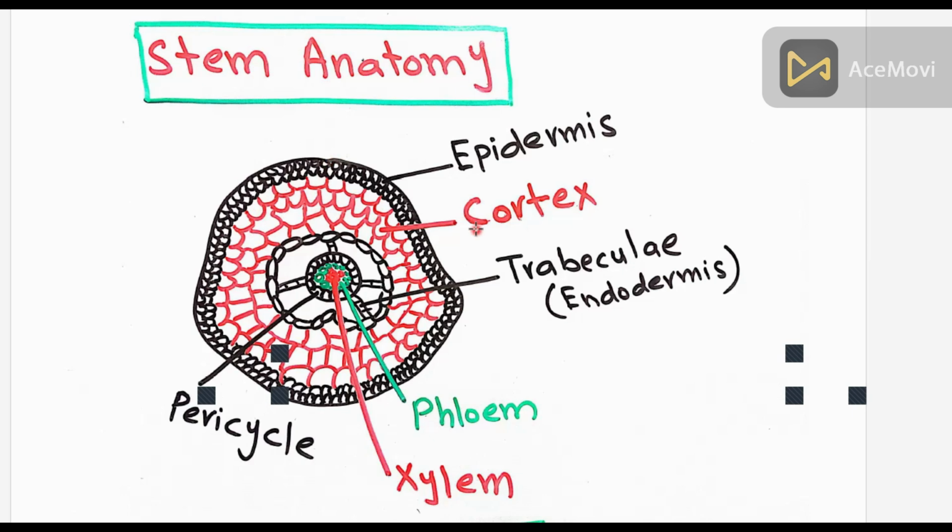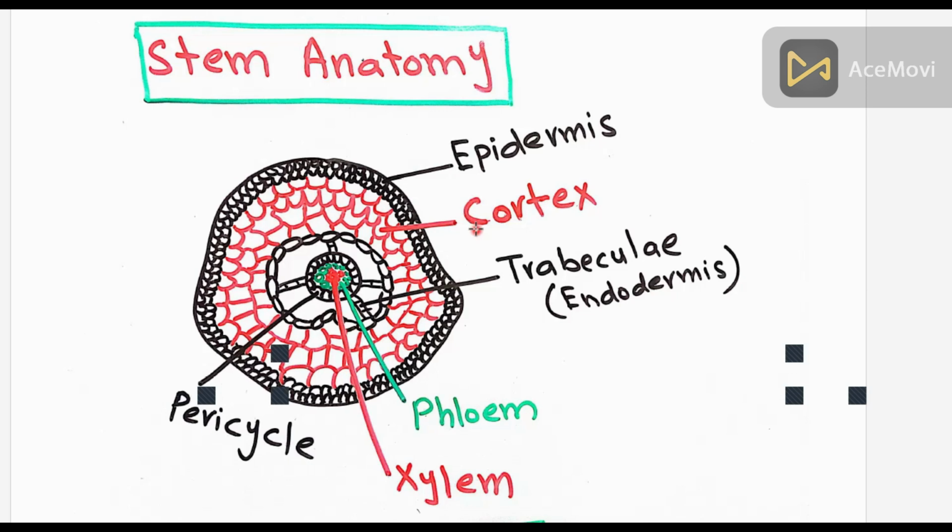The outer 2 to 4 layers of cortex are formed of thick-walled sclerenchyma cells and known as hypodermis. Below it, the cortex is made up of thin-walled parenchyma cells containing chloroplast. These cells enclose small intercellular spaces.